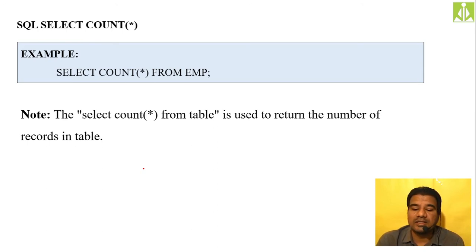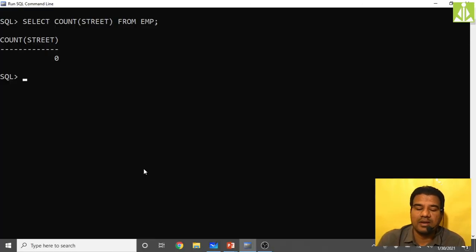So to get the complete number of records present inside your table without depending on null values, simply type this query: select count of star from emp. Instead of giving a particular column name, we are saying count all the fields.